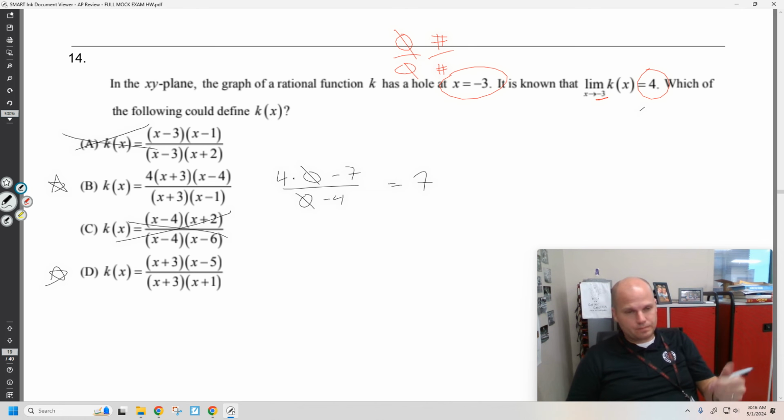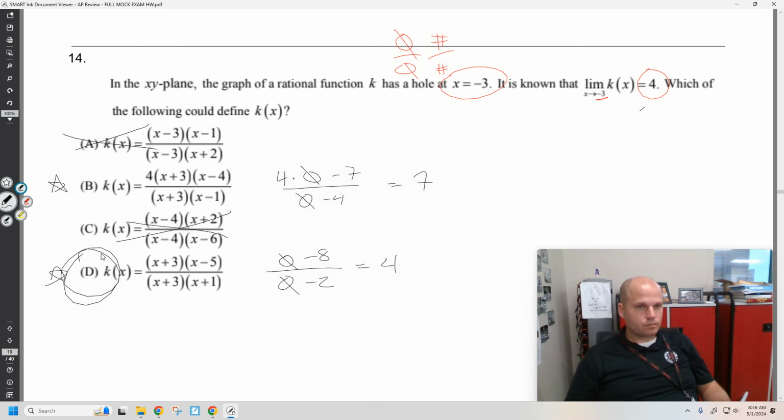That's not 4. It's got to be this one, but let's check. If I plug in something close to -3, I get something close to 0, something close to 0. I get something close to -8, and I get something close to -2. These numbers close to 0 cancel. These numbers simplify to be 4, so that's why it's this one.